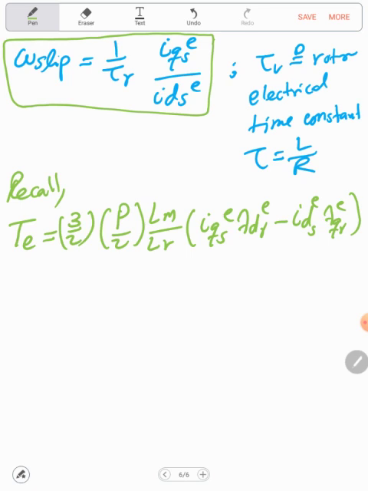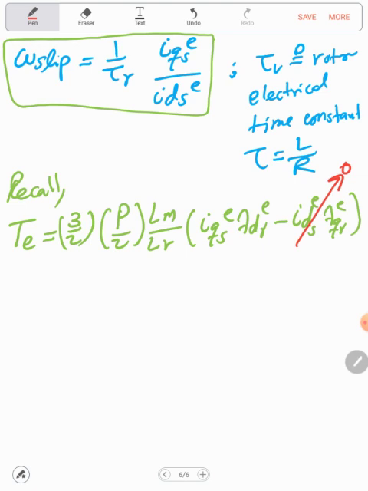Now recall in the vector control, lambda QRE is equal to 0. So this term is equal to 0 because all the flux is aligned to the D axis.